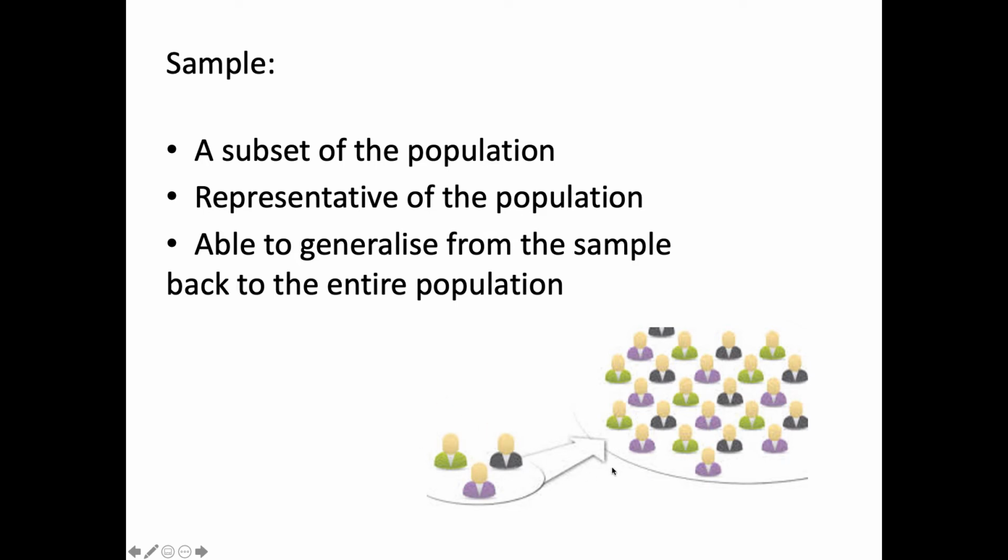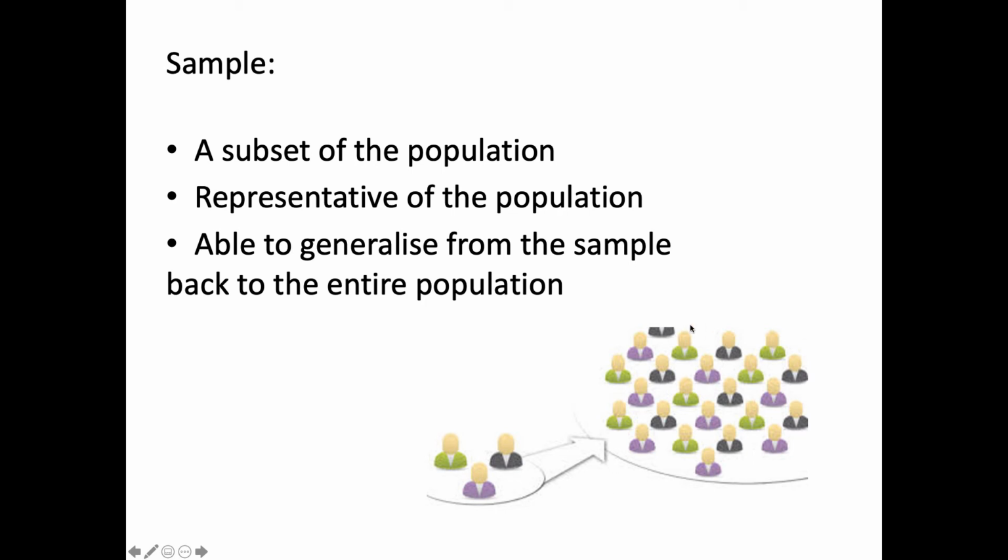So here it's depicted pictorially. Here is the entire population, so every case of that particular demarcated population, and then we just select 3 people from it. The idea is that these 3 people are representative of the population. So they have several key characteristics of the population of interest.